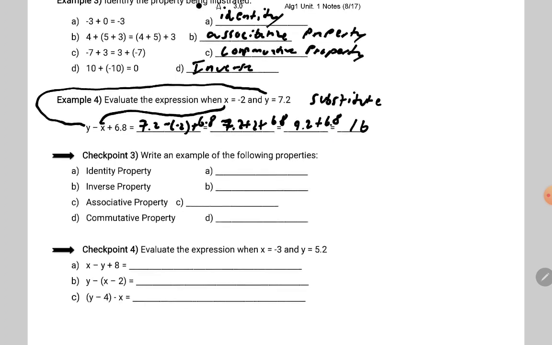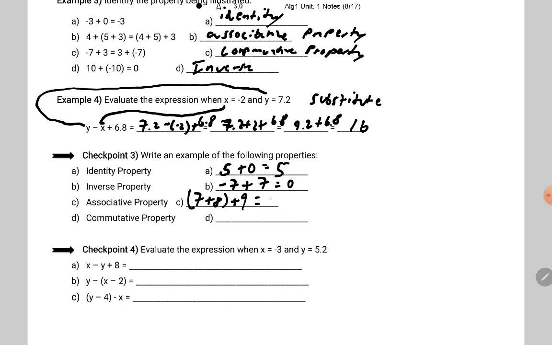So write an example of the following properties. We can make up our own numbers. If we have 5, we can add 0 to it and still get 5. Inverse property, I can take a number, let's say -7, and then add its opposite to get 0. Associative property, let's do 7 plus 8 first, and then add 9.